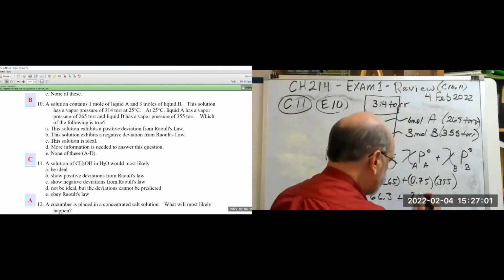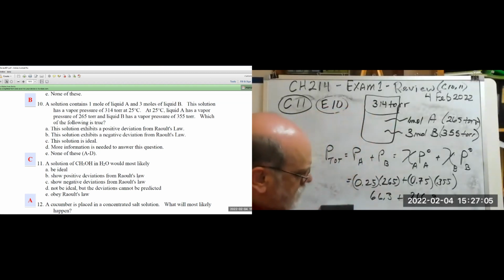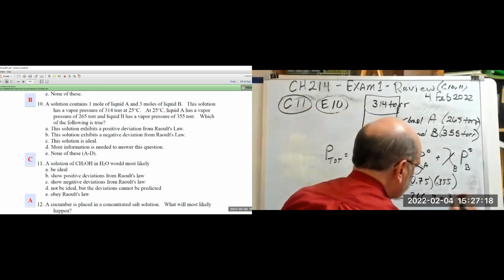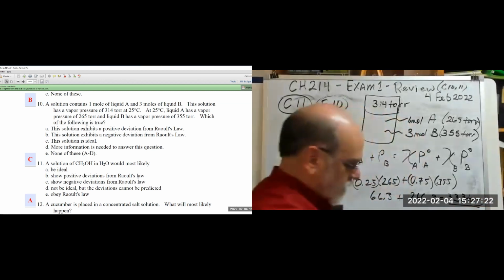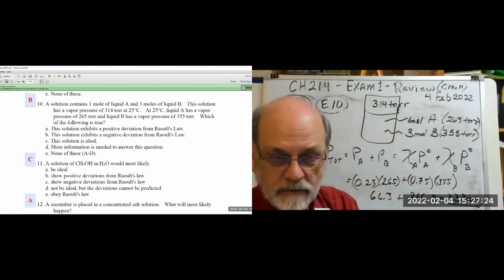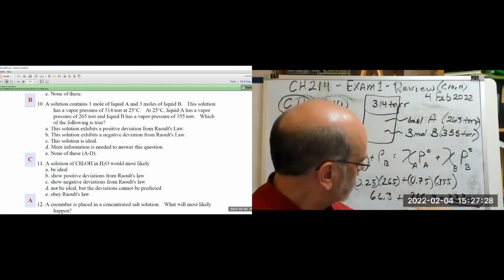And then 66.3 plus 266.3 is 333, rounded off. So if this is a perfect mixture, then this value would be 333.